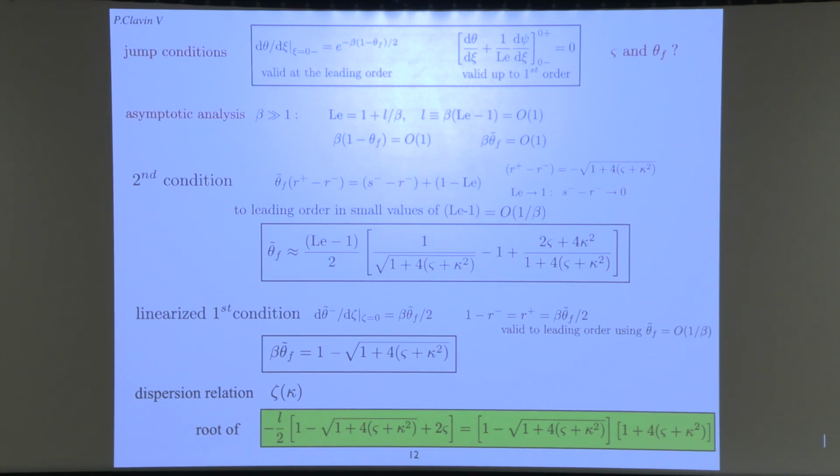And what is the parameter that you have in this problem is only the beta, this parameter of order unity that you have here. That's all.